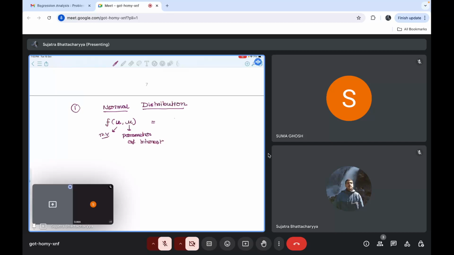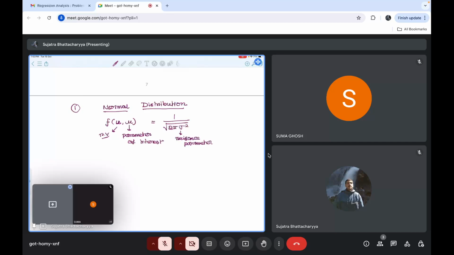Okay, so how can we write this normal distribution? It is known that it is 2 pi sigma square. This sigma square, or the standard deviation sigma for the normal distribution, will act here as a nuisance parameter. So this is one example of the nuisance parameter. The parameter of interest is this mu, but the other thing is the nuisance parameter.